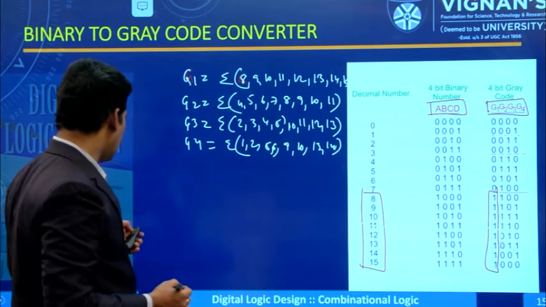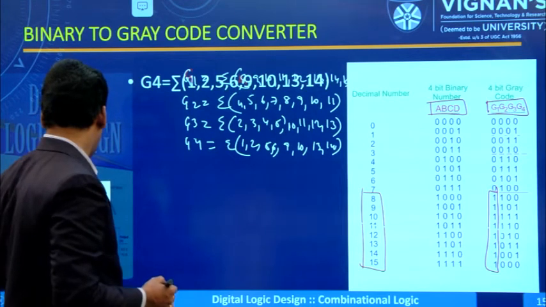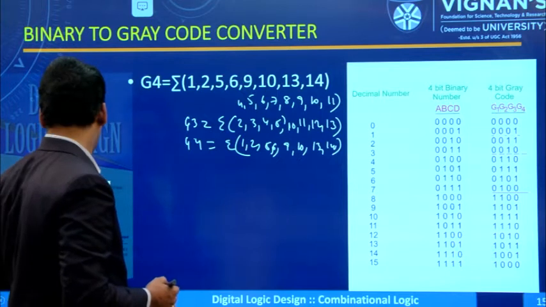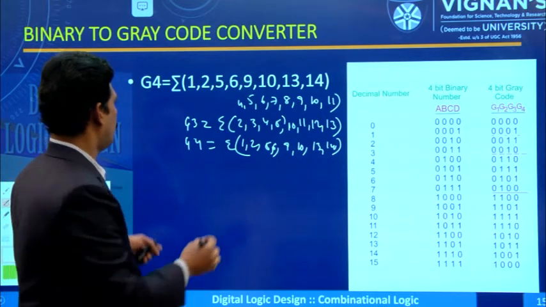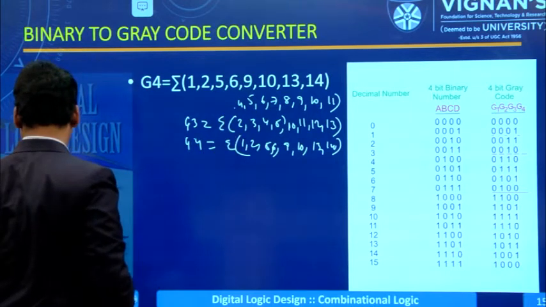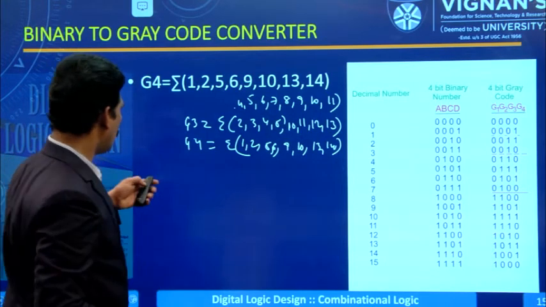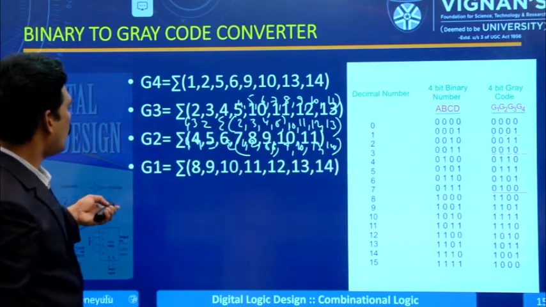Okay, now see this one. G4 is equal to this one, and G3, G2 and G1.